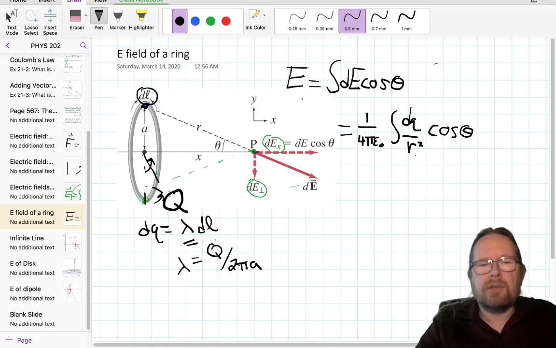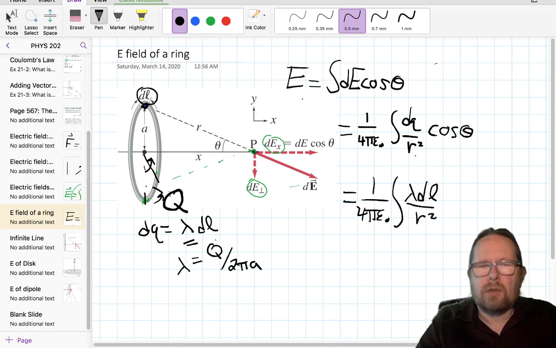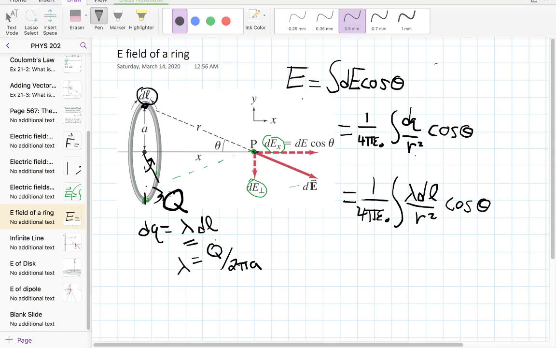So we can write this is equal to 1 over 4 pi epsilon 0, dq is lambda dl, over r squared. This is an integral times cosine theta, which is equal to 1 over 4 pi epsilon naught. What do I want to write this in terms of?